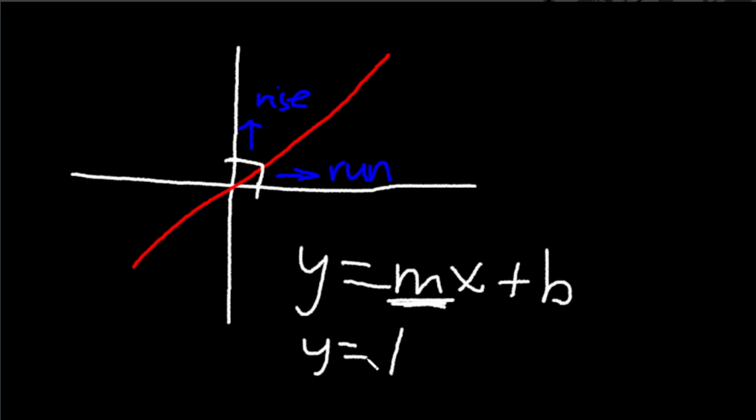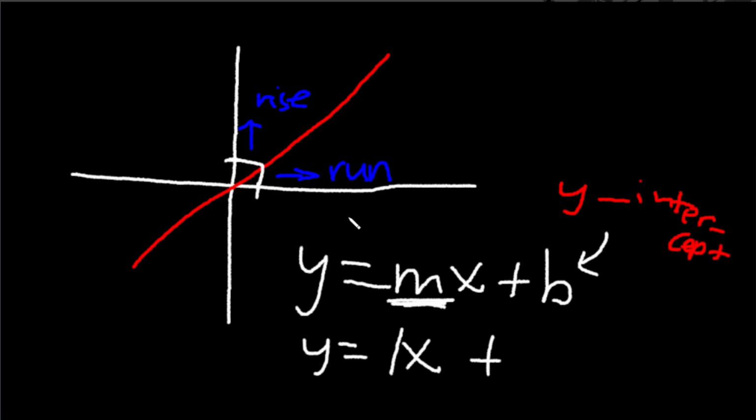So y equals mx plus b, where b represents the y-intercept, which is right here, is 0. So plus 0. Or simply put, to simplify, this equation turns into y equals x.